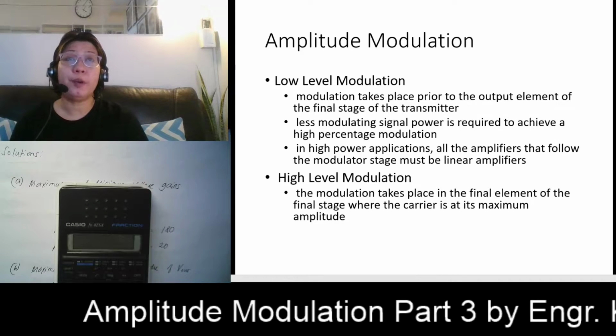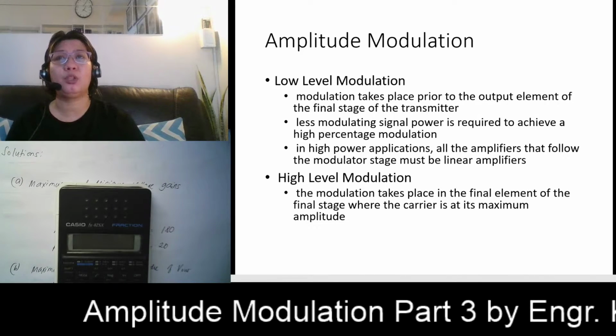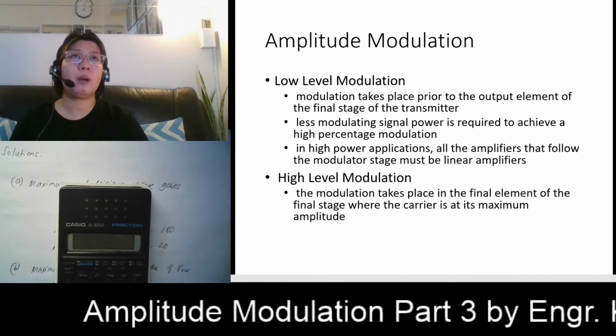However, when we are talking about high power applications, all the amplifiers that follow the modulator stage must be linear amplifiers. So this is somewhat a disadvantage of low level modulation.